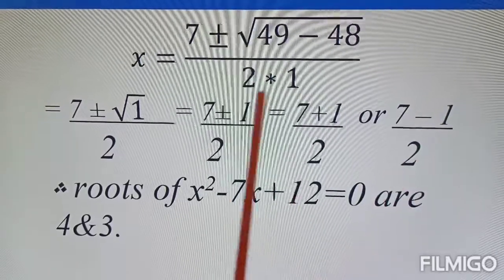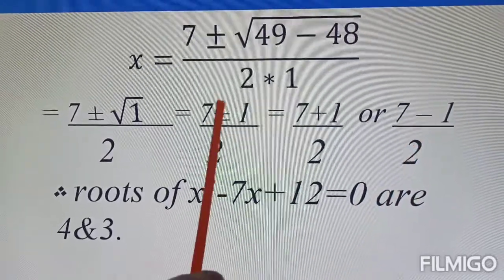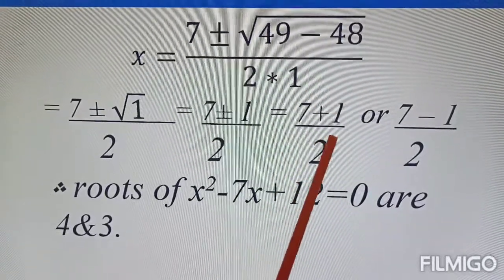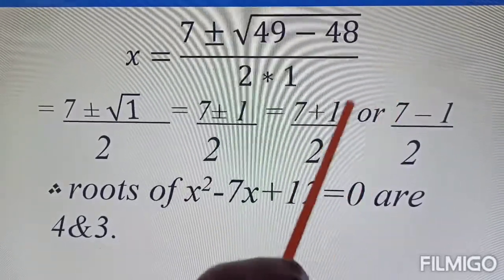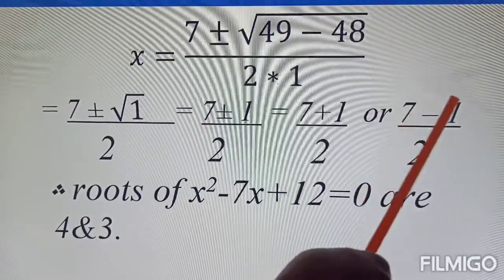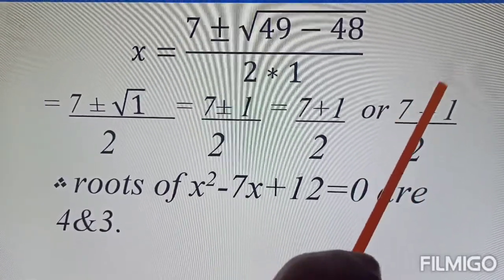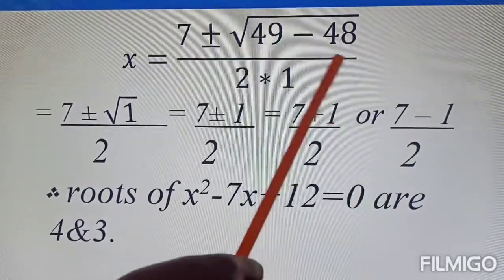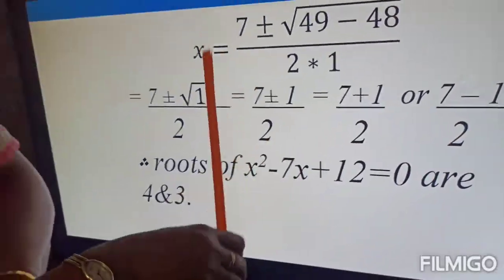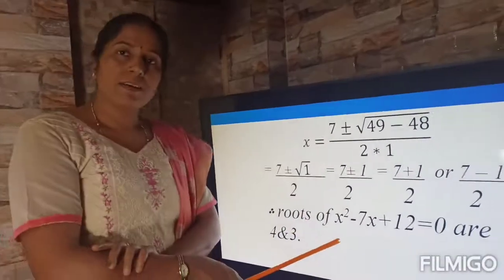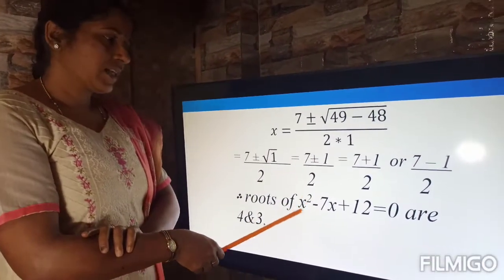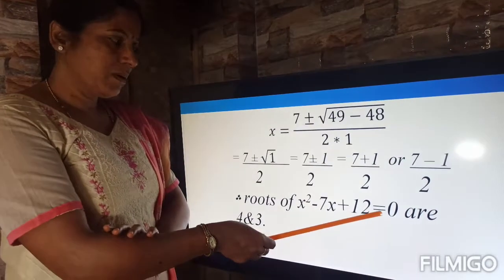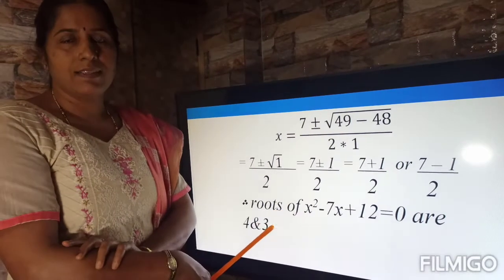Then 7 minus 1 is 6, and 6 by 2 gives 3. This is 4, this is 3. Therefore, the roots of the equation x square minus 7x plus 12 equal to 0 are 4 and 3.